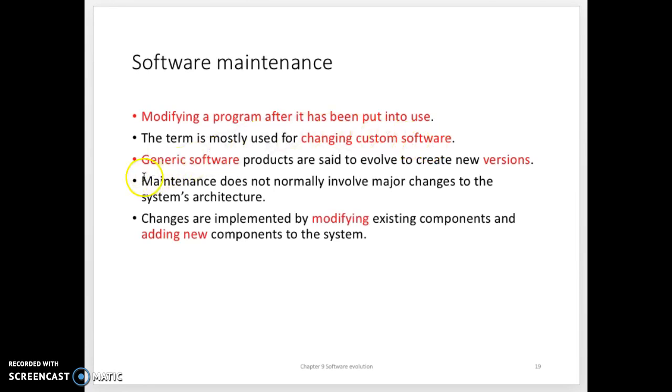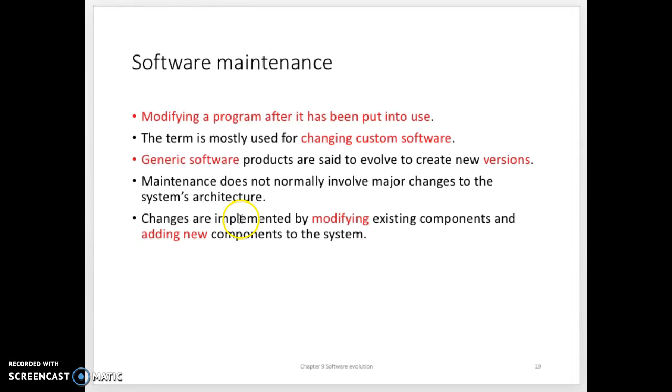Generic software, however, they don't call it software maintenance; they evolve to create new versions. This is, for example, the Windows operating system, or all sorts of servers like web servers and database servers, all applications that have generic purposes and are used by lots of people.